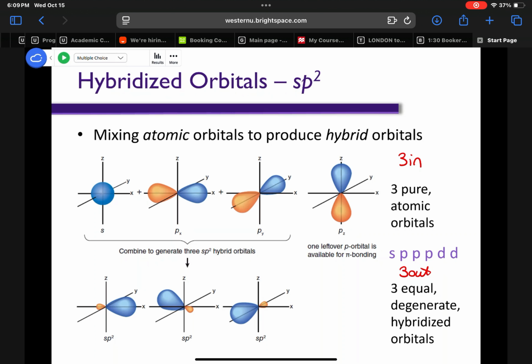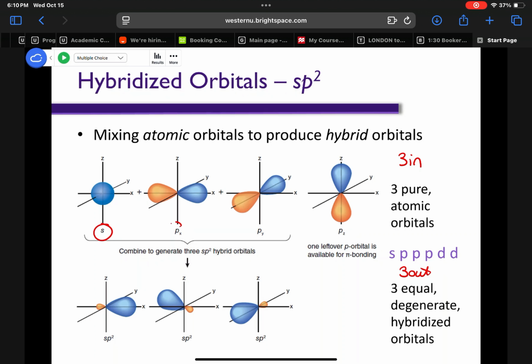Into my magic hybridizer, I put my s, my p, and I only wanted to get 3, so I'm going to stop there. And then I shake up my magic hybridizer, and out come 3 hybridized, degenerate orbitals. They have the same shape, they have the same energy, and they're going to orient themselves as far away from one another as possible, which is in a trigonal planar arrangement.